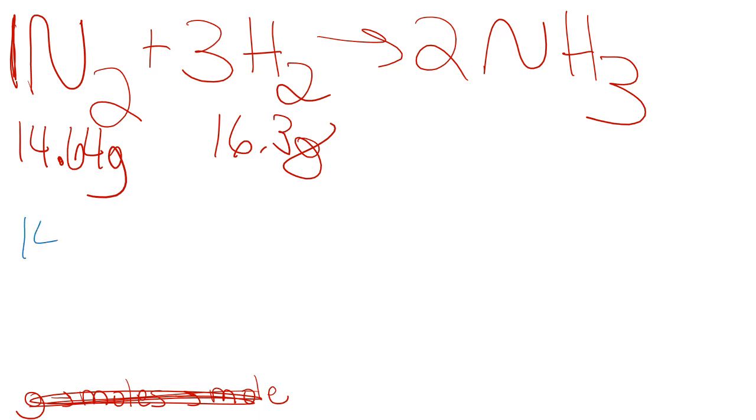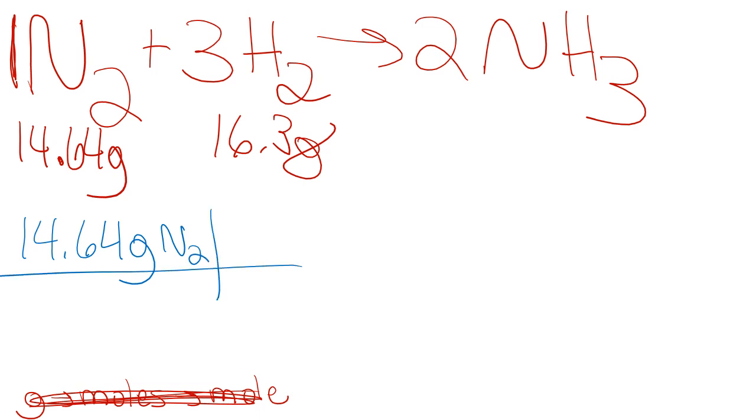So anyways, we have 14.64 grams of nitrogen. When we go from grams to moles, remember, whenever you have grams, you have to convert it to moles. 1 mole of nitrogen is 28.02. If you look at nitrogen on the periodic table, nitrogen is 14.01, times 2 is 28.02.